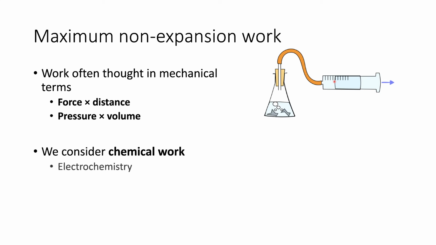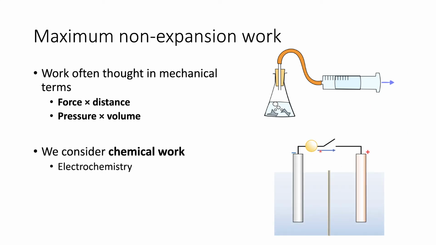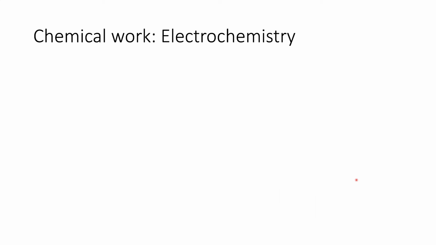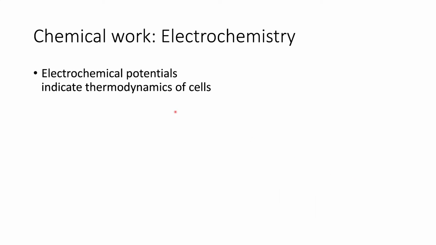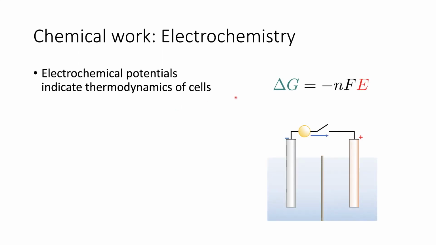So if we think of electrochemistry, a battery working to drive a current around an external circuit and light a bulb, or do more interesting things. Or if we want to think of biochemistry, what's happening inside our bodies, inside our cells. So let's look at what goes on in electrochemistry. Electrochemical potentials, we're familiar with those, we're familiar with how to handle them, but they indicate the thermodynamics of these cells.